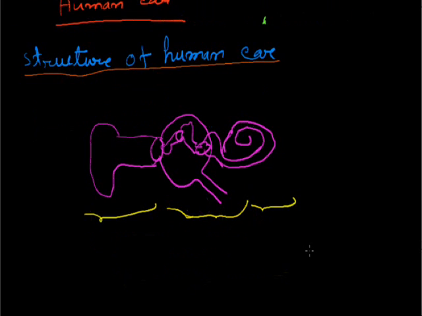So these are the three parts. The first part we say is the outer part, then the middle, and then the ending, the inner part.